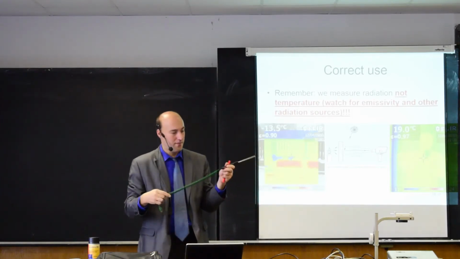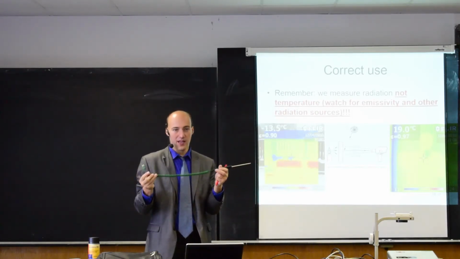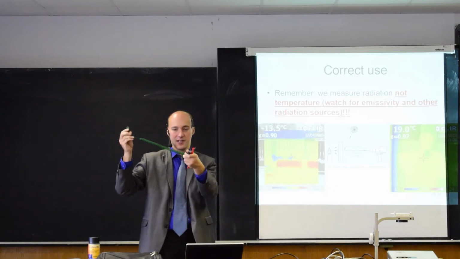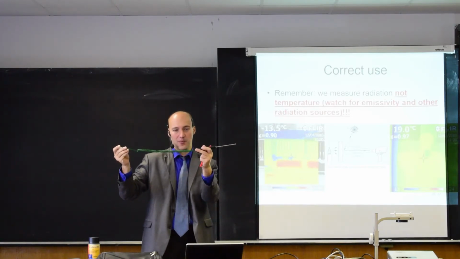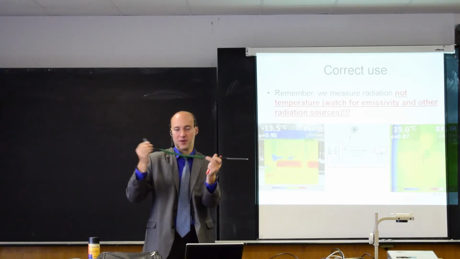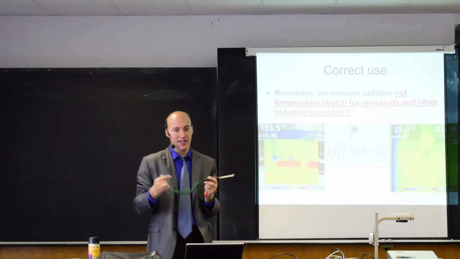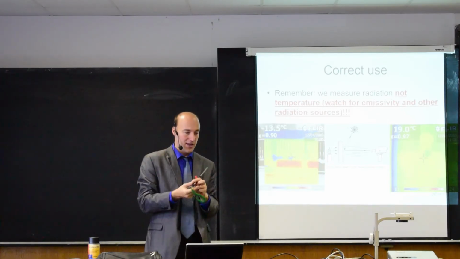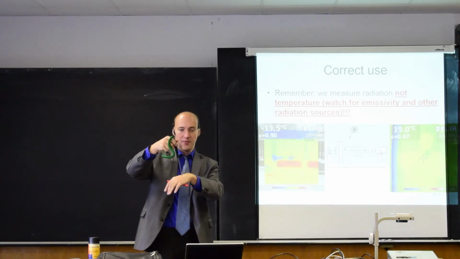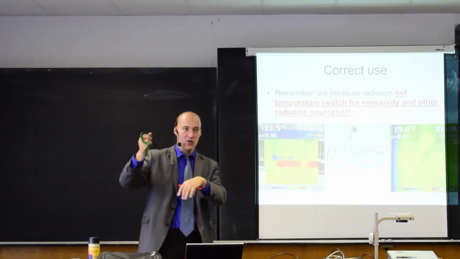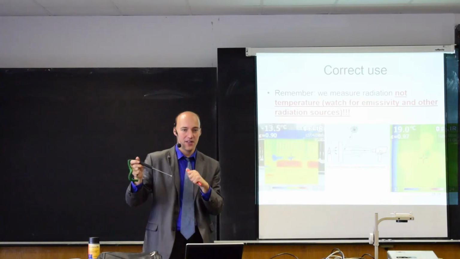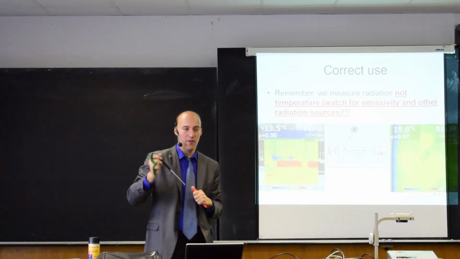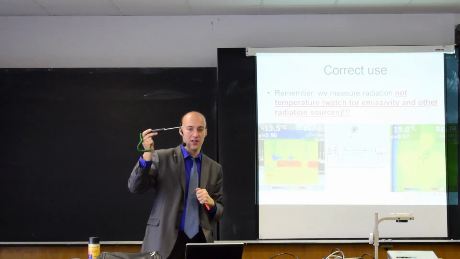If you want to verify your reading, you can connect this sensor. This is a thermocouple, type K, and there is a connector on the thermometer. You plug it in, you verify what the temperature is, and you eventually adjust the emissivity on the thermometer to match the reading of the contact sensor.